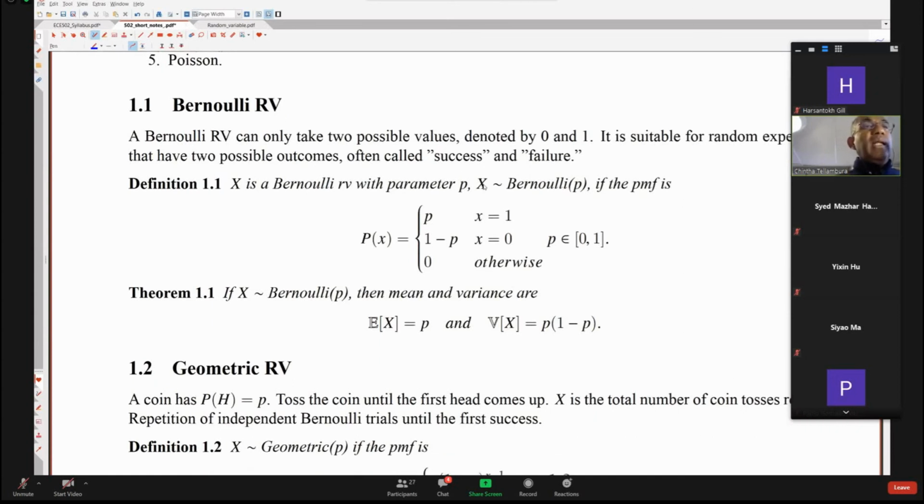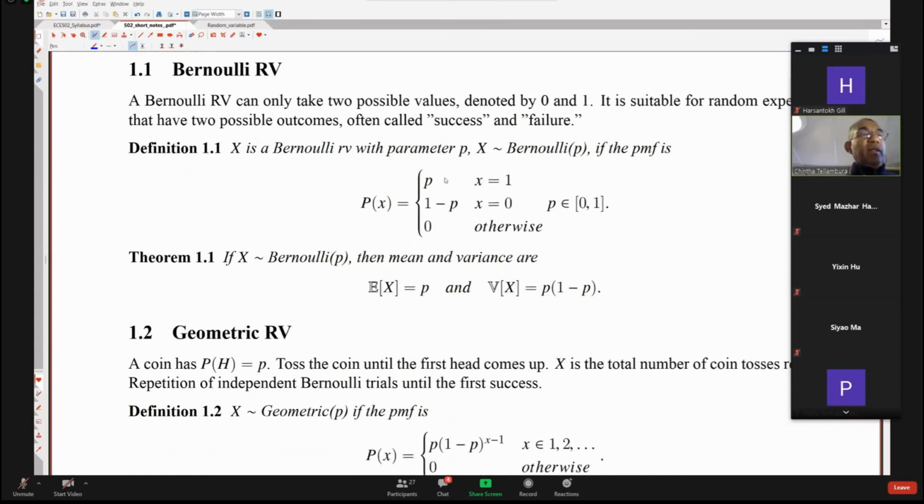So let's go through one by one. The Bernoulli is the simplest random variable.